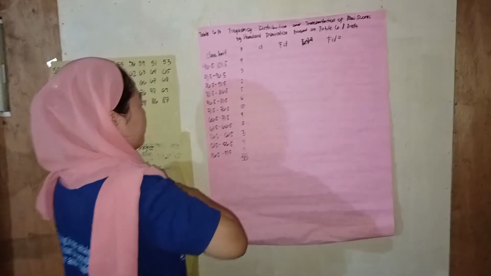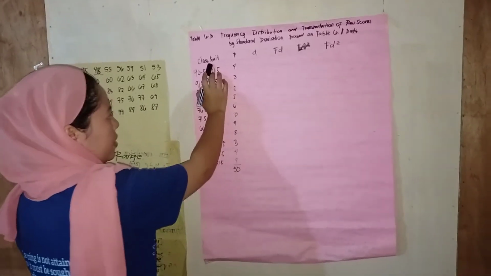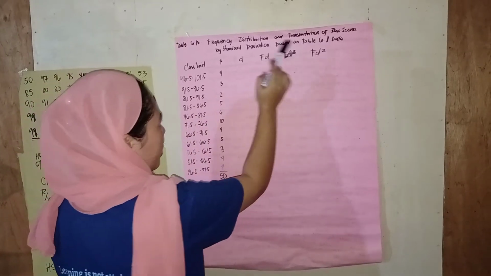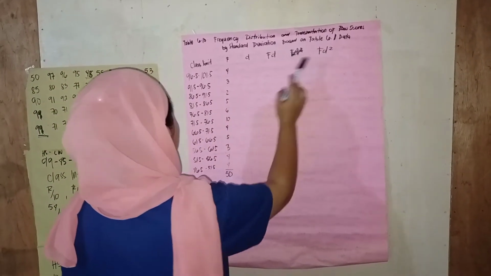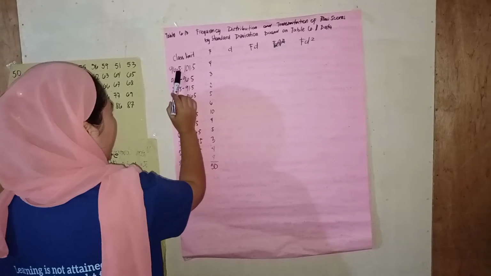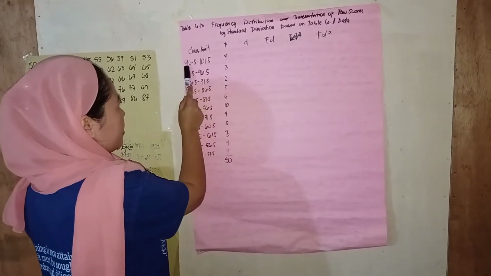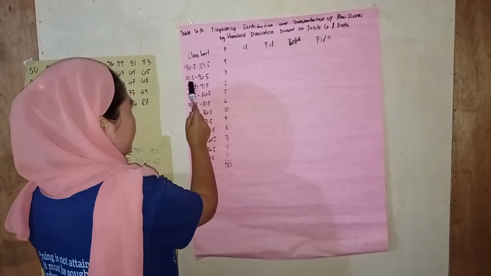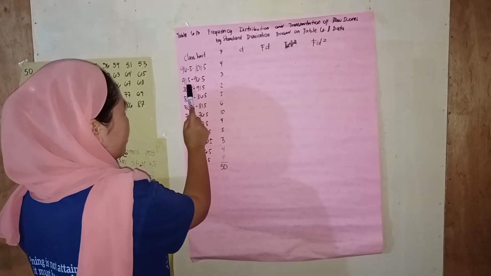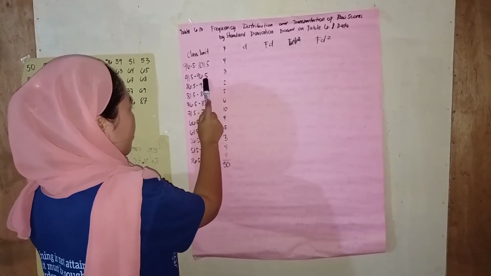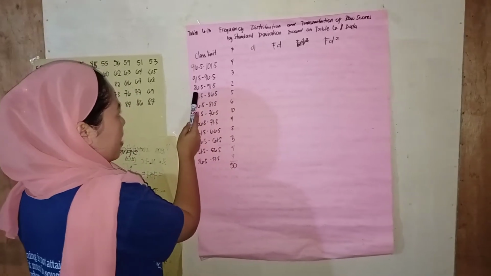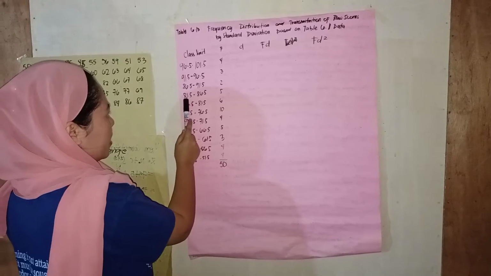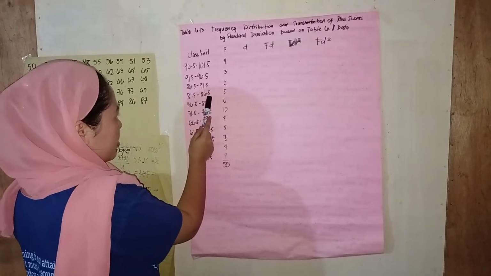So here is our table. First is class limit, frequency, deviation, and frequency deviation squared. First, our class limit is 96.5 to 100.5. Second is 91.5 to 96.5, third is 86.5 to 91.5, and fourth is 81.5 to 86.5.